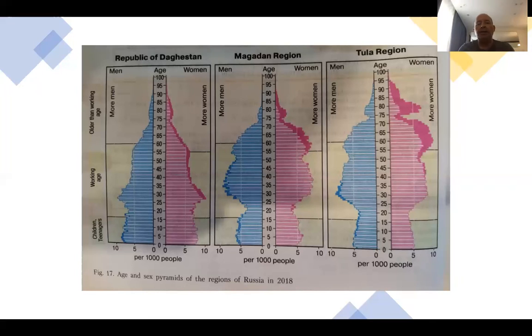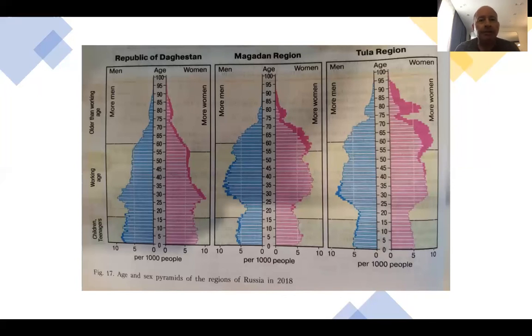So you might want to think about these three population pyramids and think about which stage of the demographic transition model each one should be located in. I think in the case of Tula, for instance, we can see that because of the low birth rate and the small number of children in the population, this is an area which may be experiencing a natural decrease in the population.